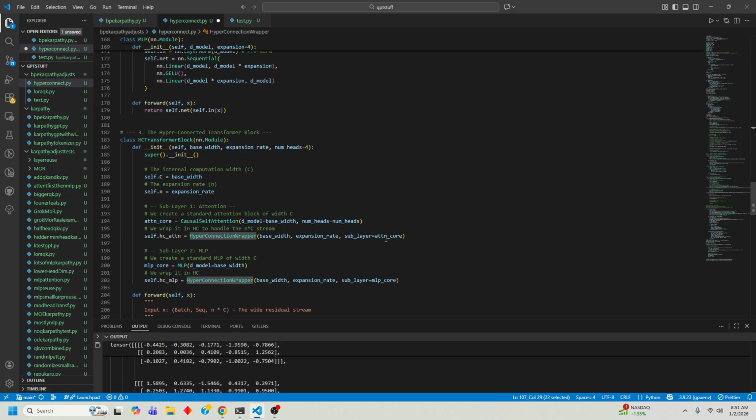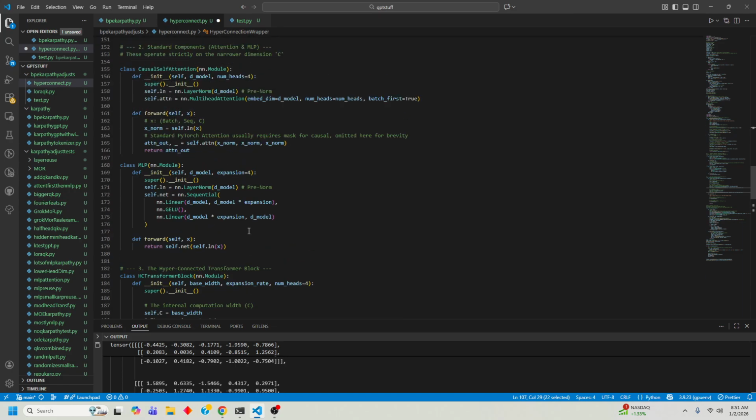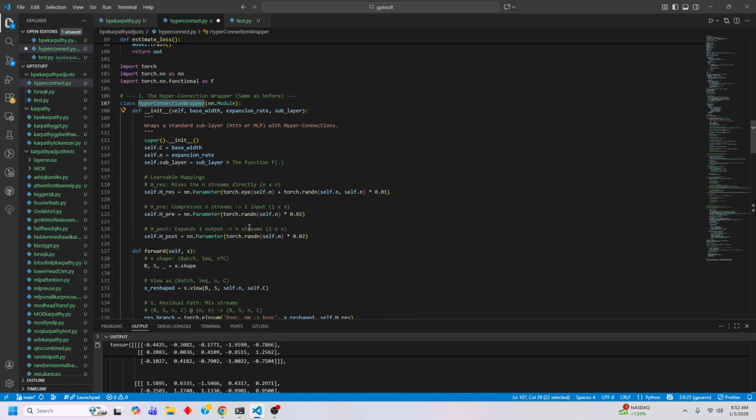So we'll assume the base layer of attention core in going through this. You need the base width, which we said was 16. Expansion rate is 4. Put those together, it'd be 64, which I typically have as the embedding dimension. Sublayer would be the attention, self.c, and put those values in.